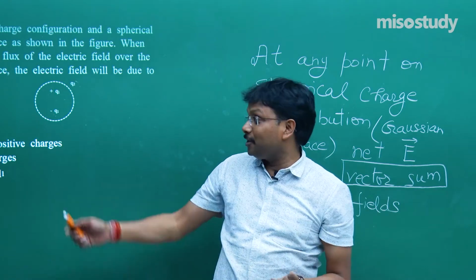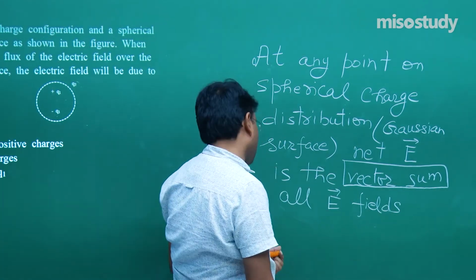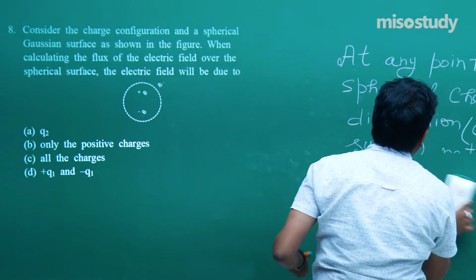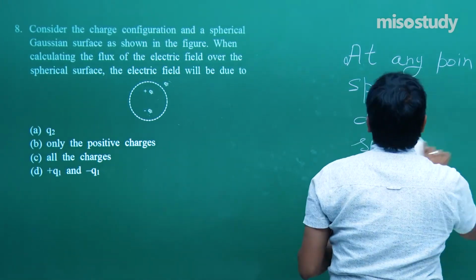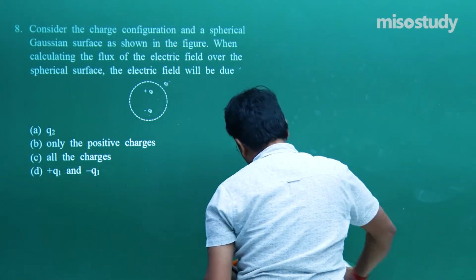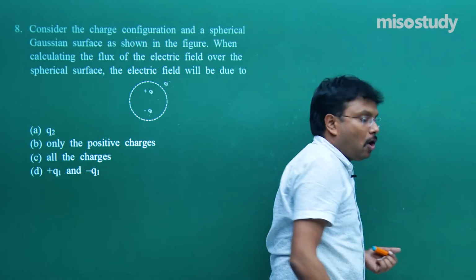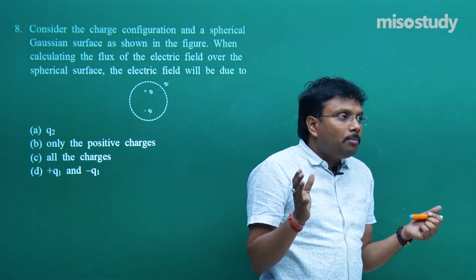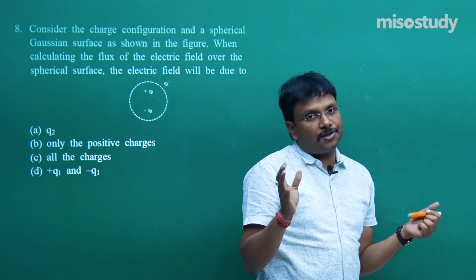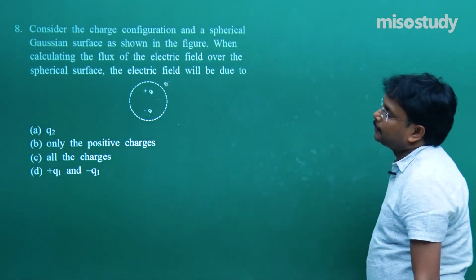Don't get confused with the electric flux. Question is simple, but yes, Gauss law understanding is required. And if you try to recall, then during the regular classes discussion, I devoted very good amount of time on Gaussian surface and almost all possible combinations I picked. Fine. So now let's move ahead.